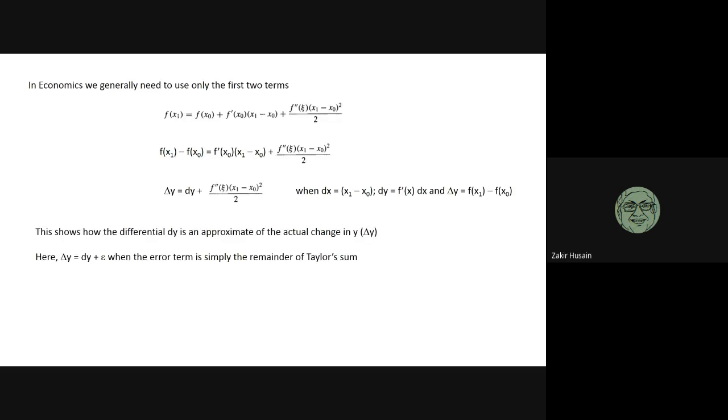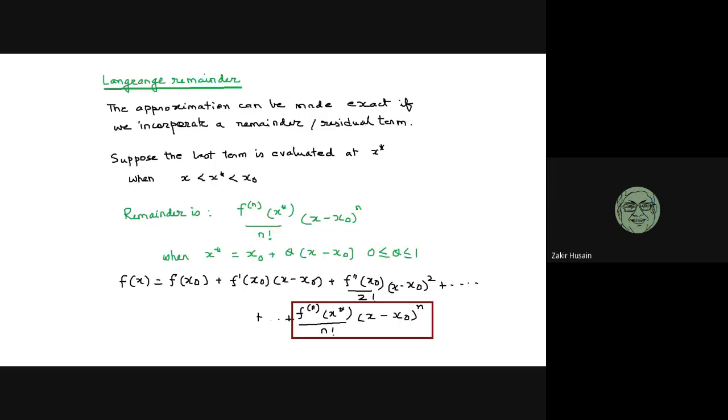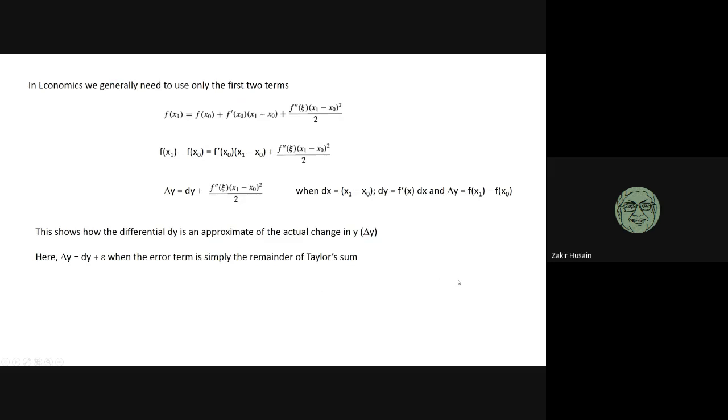Now in economics, we generally use only the first two terms and the remainder, of course. So we have to focus on just this and this. In some cases, you will see that we will move to this, but generally we don't have to go beyond the second derivative. In extreme cases, we may have to go to 3, 4, and so on.